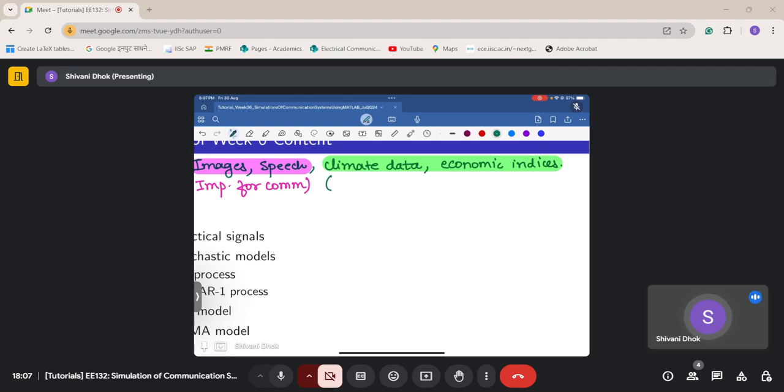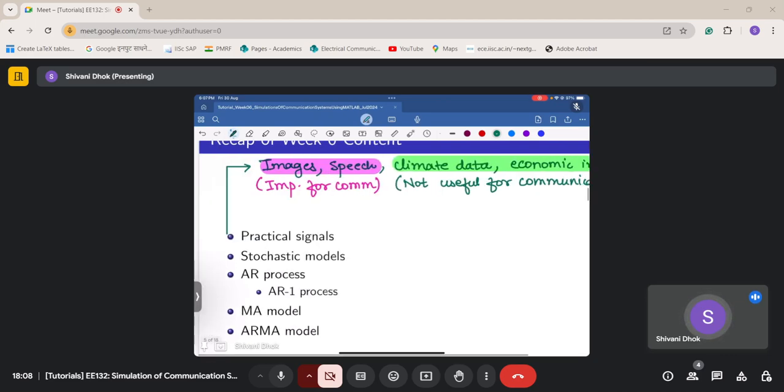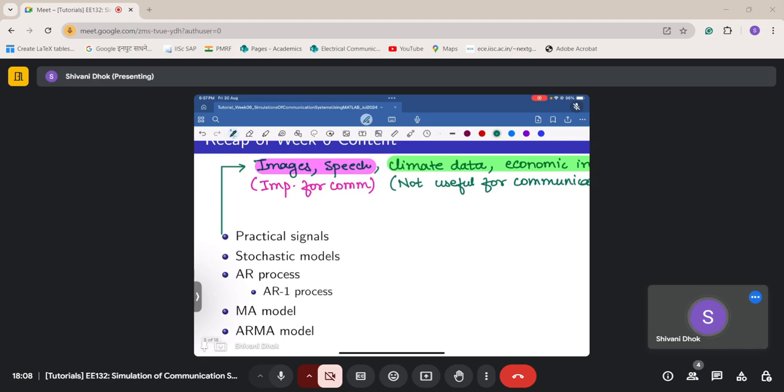These are important for other aspects, maybe weather forecast or portfolio management and other stuff. However, this is not useful for communication. And our goal is to understand how to model communication systems in MATLAB. So we will be focusing on these kinds of data.